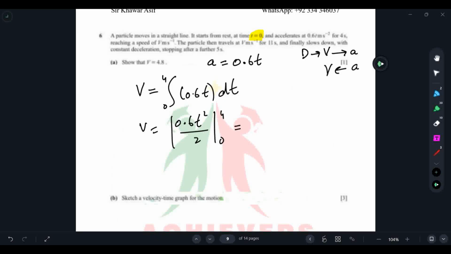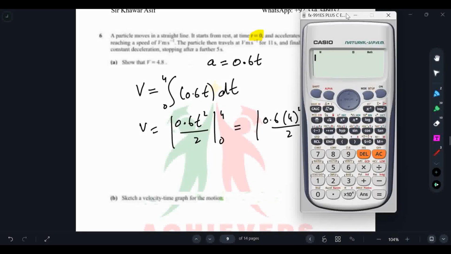The upper limit gives 0.6 times 4 squared divided by 2, minus the lower limit, 0.6 times 0 squared divided by 2. This will be 0, and now we need to calculate it.